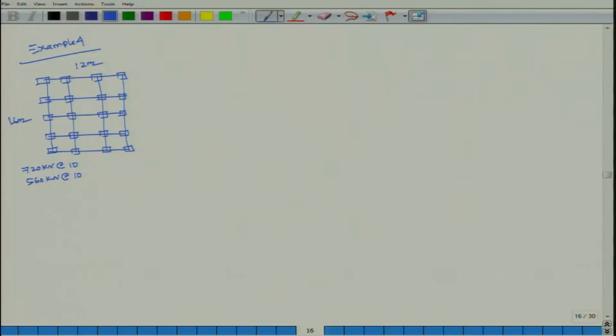Basically, this kind of problem you will solve with raft foundation design, and I will discuss this in the next class. Remember, I have not started the structural part yet. Out of the 3 cases, whatever I am doing right now is only the soil part. I will pick only one example and show how the structural design has to be carried out, and based on that you can do it.